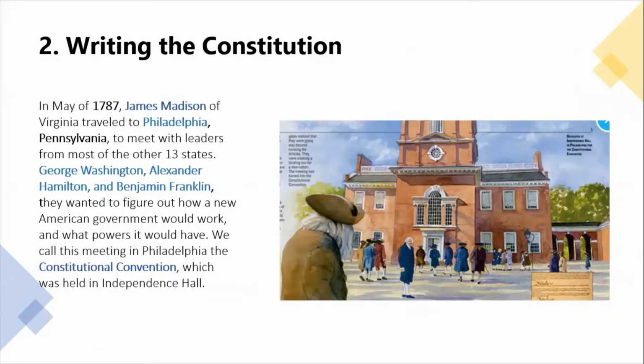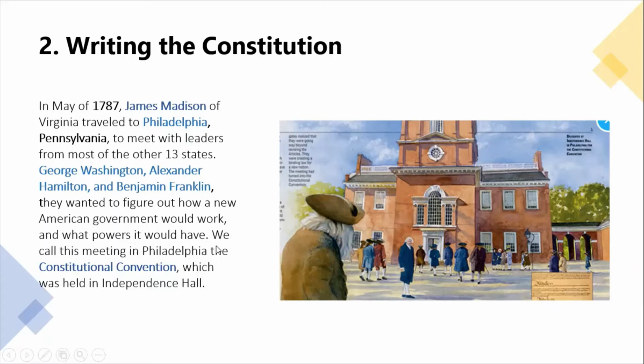Writing the Constitution. In May of 1787, James Madison of Virginia traveled to Philadelphia, Pennsylvania, to meet with leaders from most of the other 13 states. George Washington, Alexander Hamilton, and Benjamin Franklin wanted to figure out a new American government, how it would work, and what powers it would have.